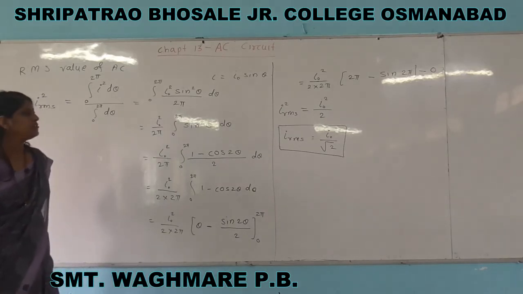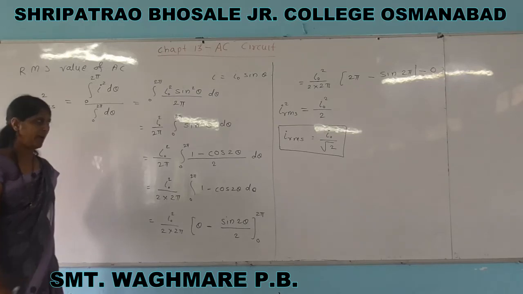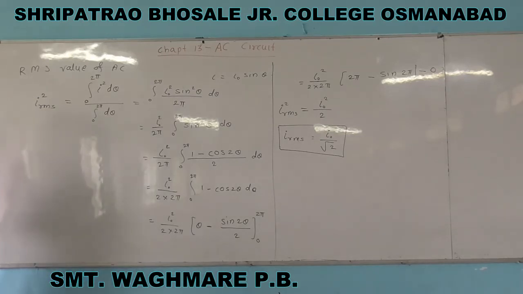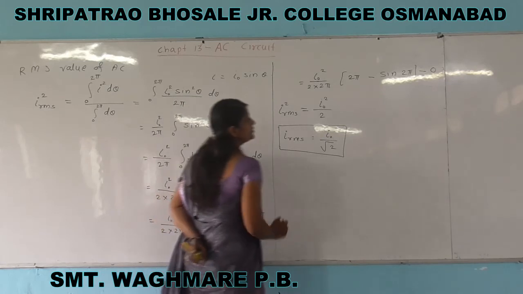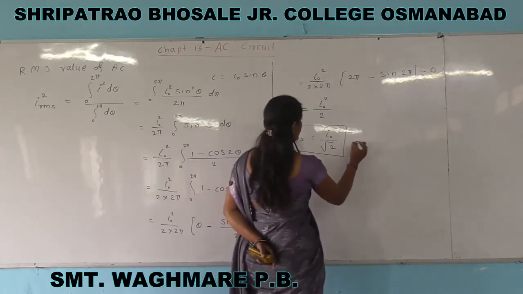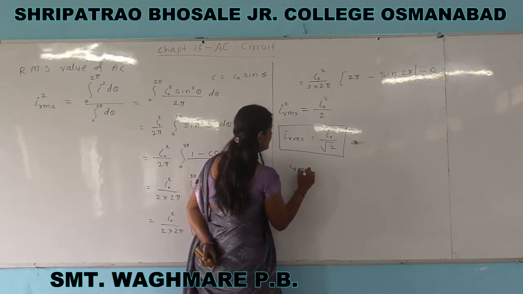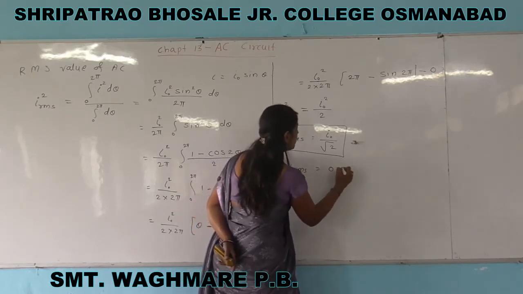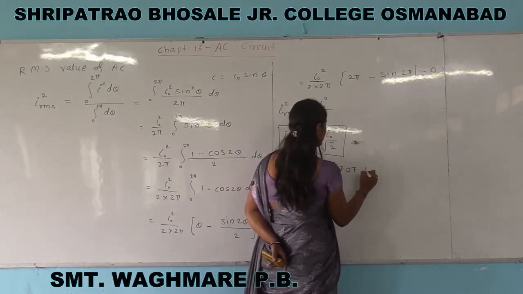That is, the RMS value of current is equal to the peak value of current divided by root 2. 1 upon root 2 is equal to 0.707, and therefore we can write I RMS is equal to 0.707 into I naught.